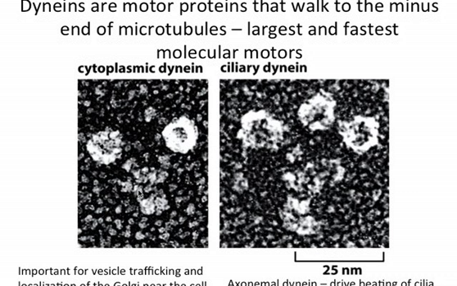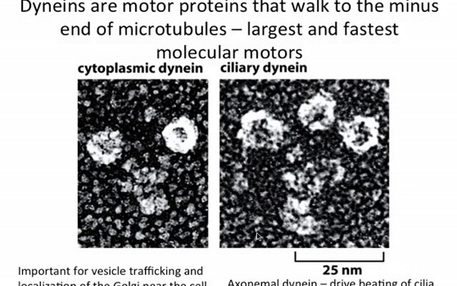Dyneins are motor proteins that walk to the minus end of microtubules. So 2 motor proteins involved in microtubules, kinesins and dyneins. 1 motor protein involved with actin is myosin. These are the largest and fastest molecular motors. I think I have a movie.